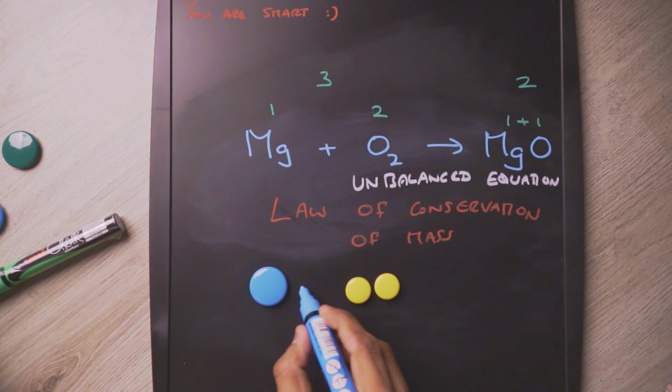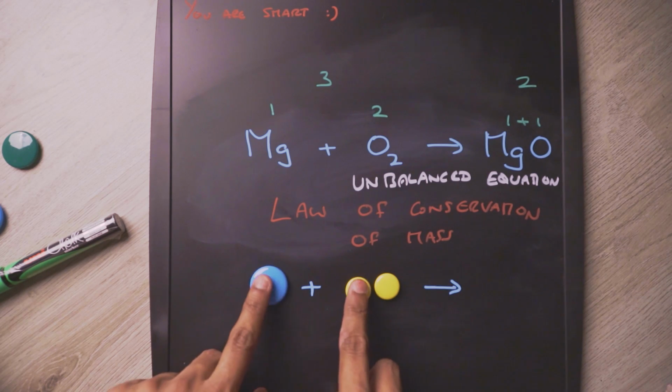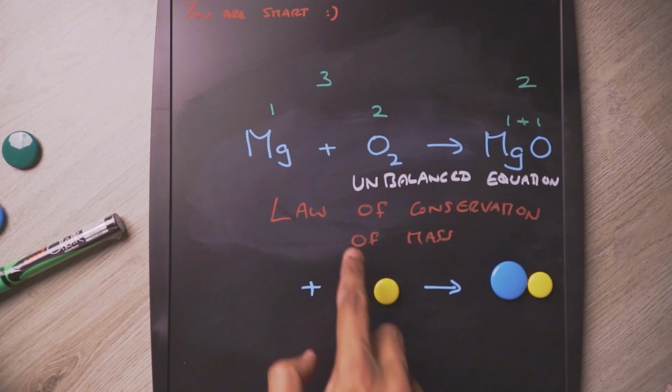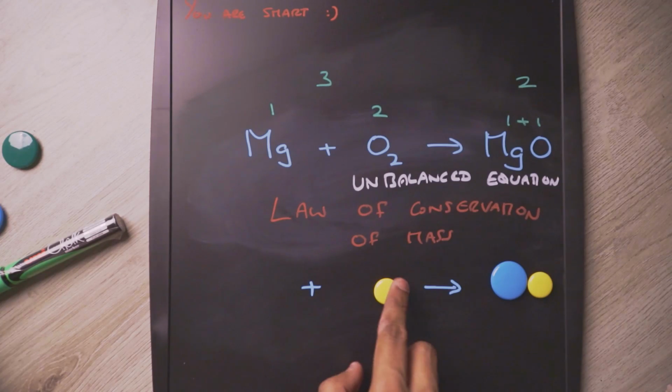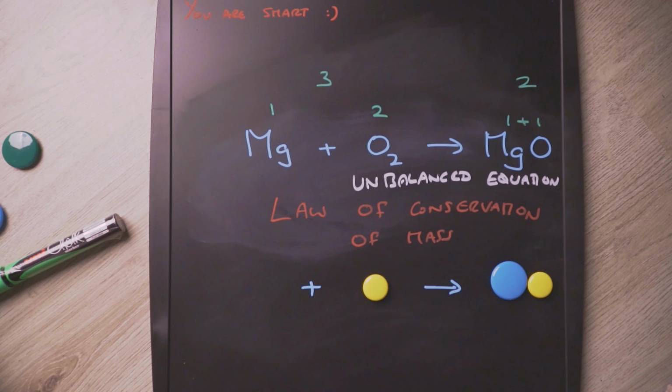So this Mg and this O have gone here to create MgO. The problem now is, what's happening to this guy? This oxygen atom cannot just disappear because we have just spoken about the law of conservation of mass. Mass cannot be created nor destroyed. Here, it looks like this mass is being destroyed because this has no place to go here, right?